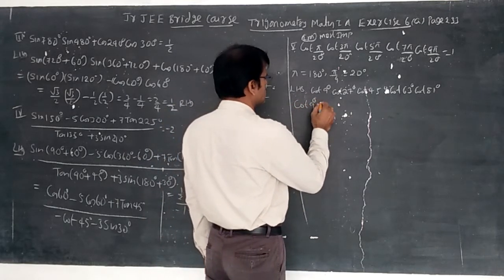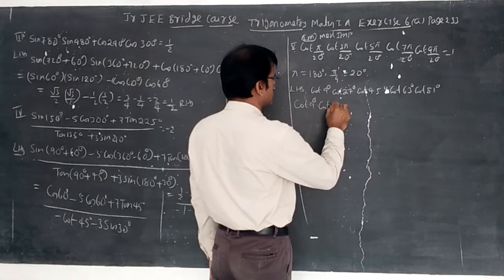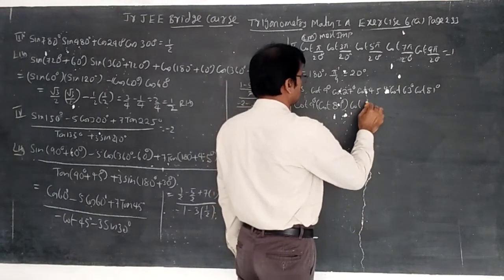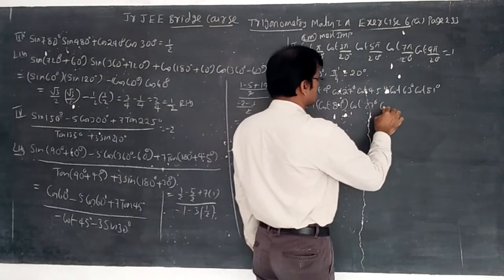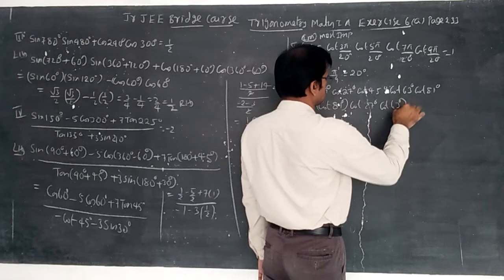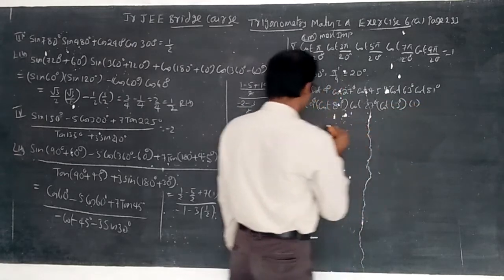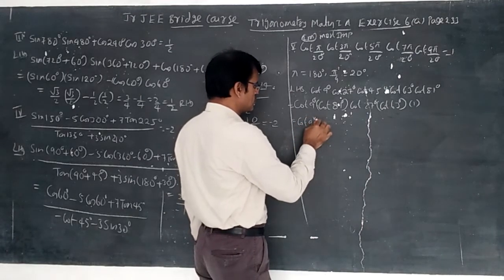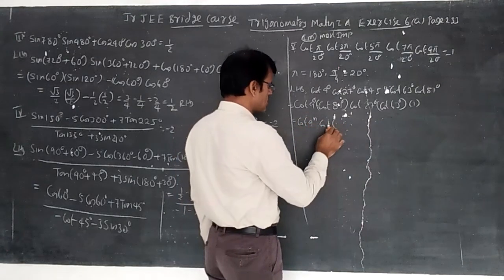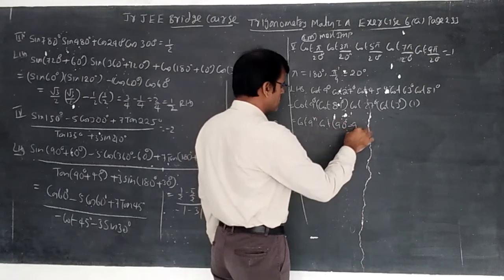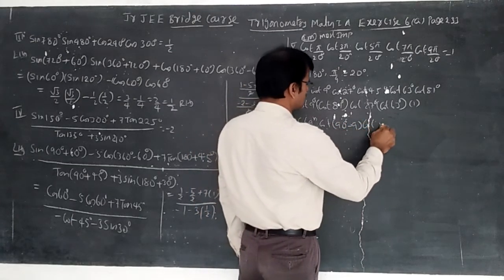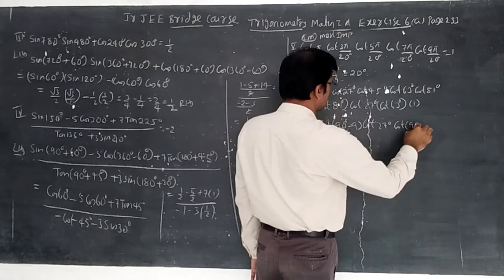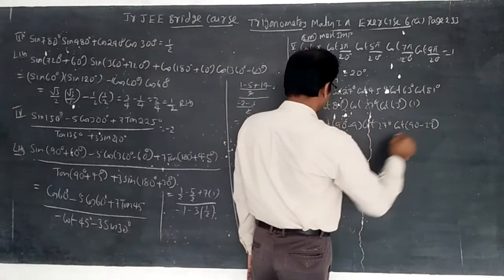Cot 9 degrees, and beside it we write cot 81 degrees, put a bracket here. And cot 27 degrees, beside it you can write cot 63 degrees, into cot 45 value 1. Now you can write cot 9 degrees into cot of 90 minus 9, into cot 27 degrees into cot of 90 minus 27.